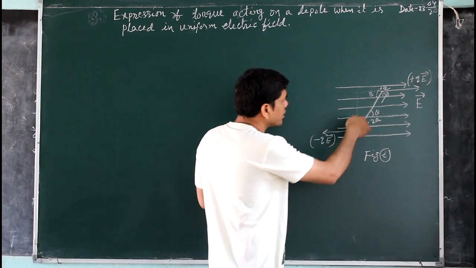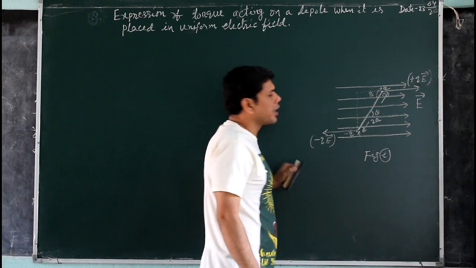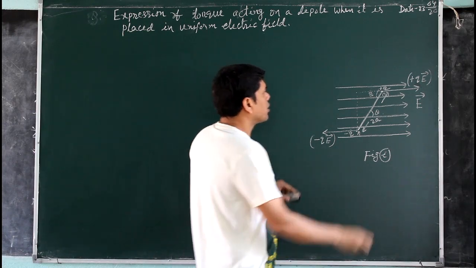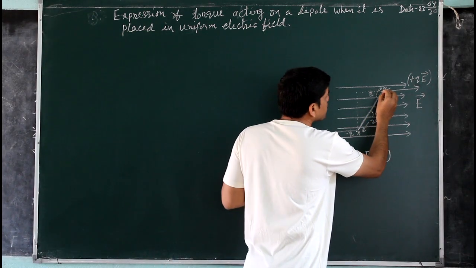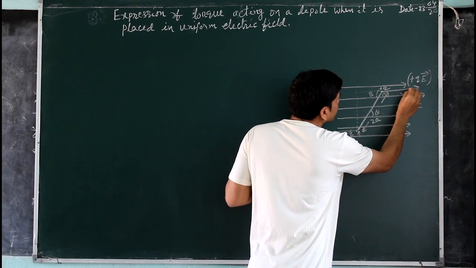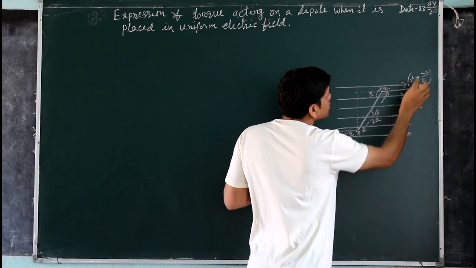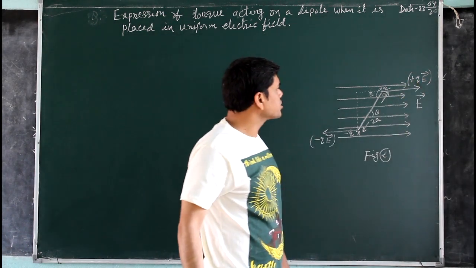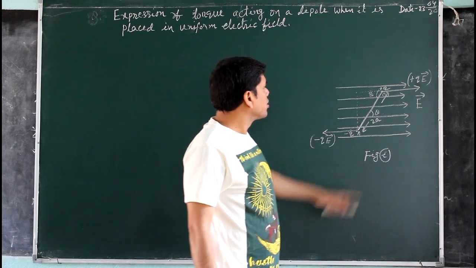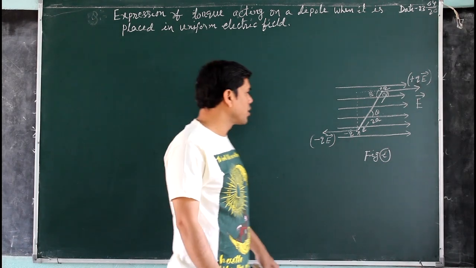In that condition, at B point where plus Q charge is present, the force experienced due to this electric field is written as plus QE. This is the force experienced by this dipole at B point due to this electric field.